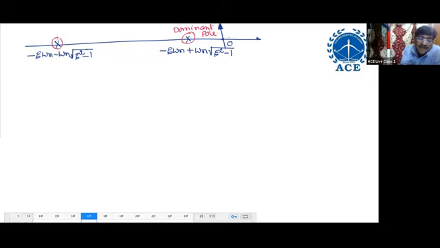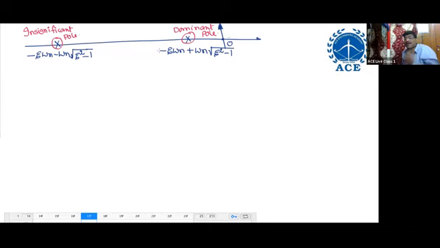The pole which lies leftmost is called the insignificant pole. So this goes to the leftmost area, and the dominant pole will come close to the origin.